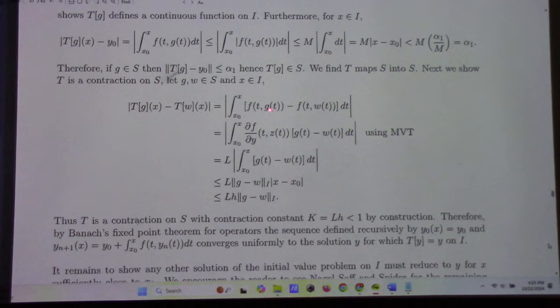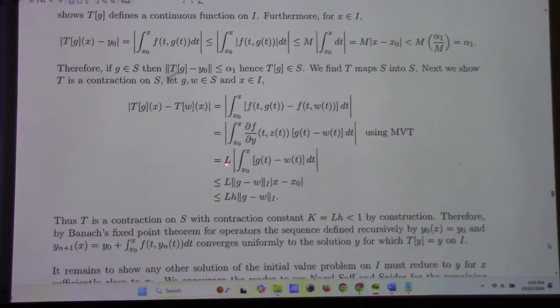And the change is g of t minus w of t. So this is literally the mean value theorem applied to the second variable. And then we bounded the partial derivative of f with respect to y by L.